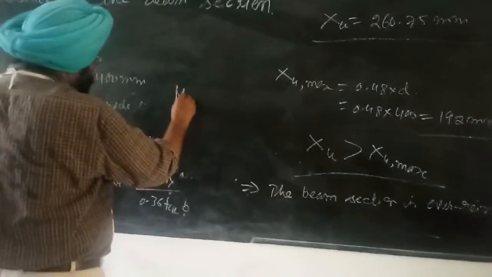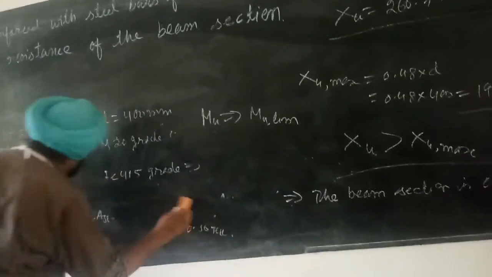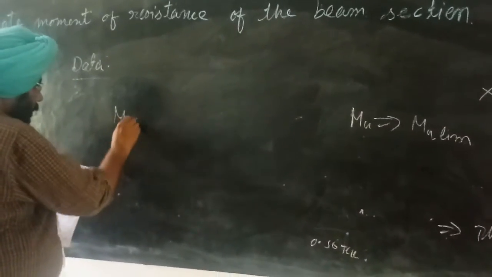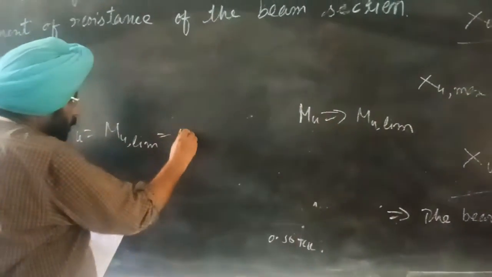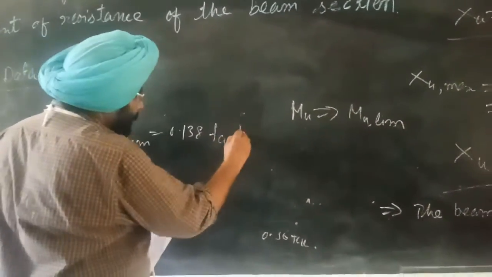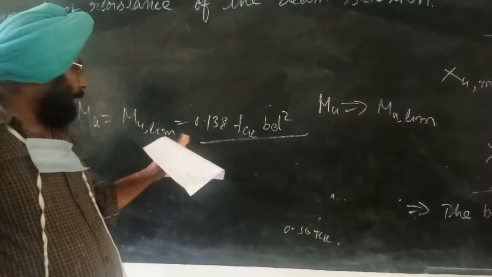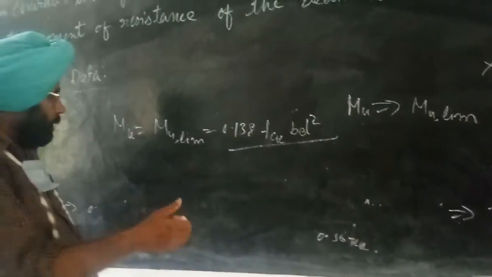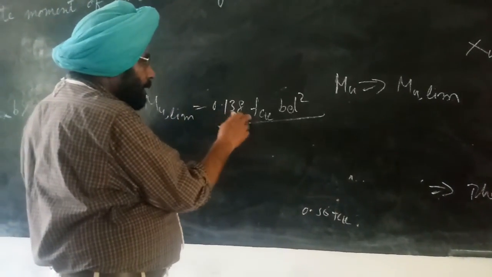So the moment of resistance of the section is limited to the maximum moment of resistance. The limiting moment of resistance for Fe 415 grade HYSD bar, M_u equals M_u limiting, is equal to 0.138 f_ck b d squared.